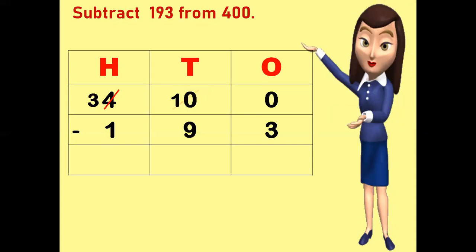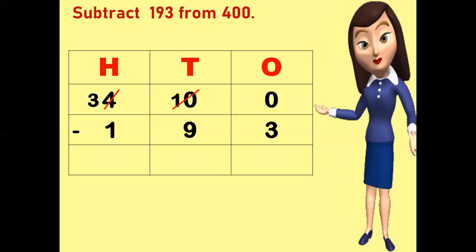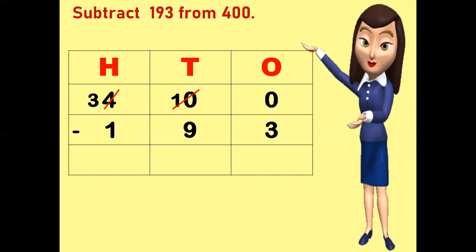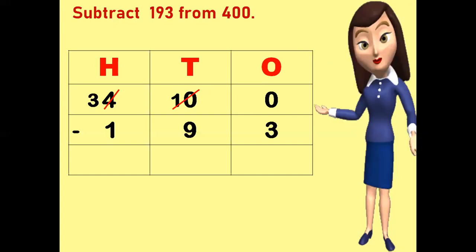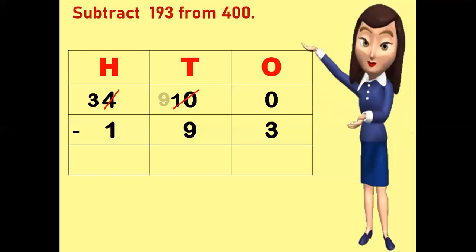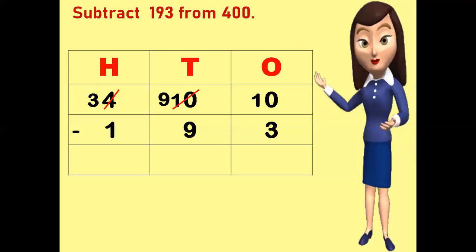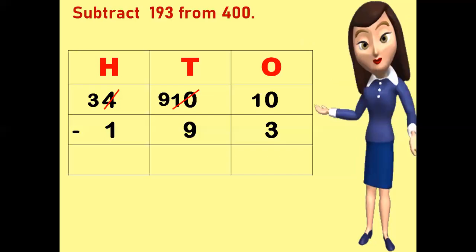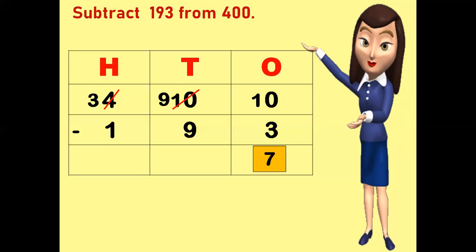Then it is possible to give a carry to 0 ones. Now 10 tens give 1 ten to 0 ones. So 10 becomes 9 and 0 becomes 10. So here it is 10 ones minus 3 ones, we get 7 ones.